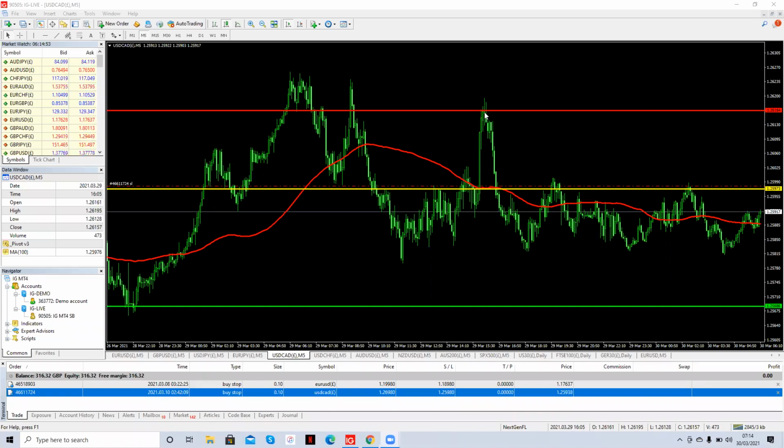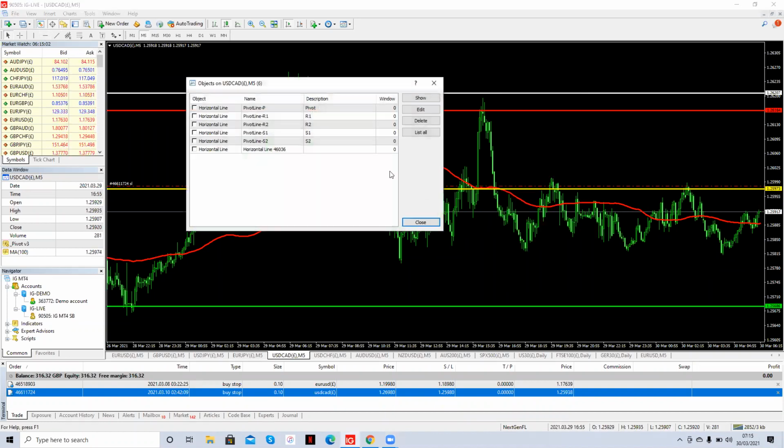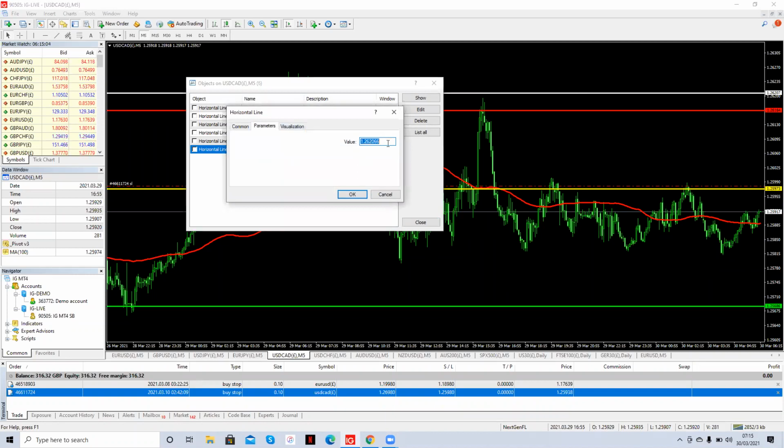The high there is 2619.5, so I'll round that up to 2620. I just want to see it on my 5-minute time frame, so I'll say that's the high.